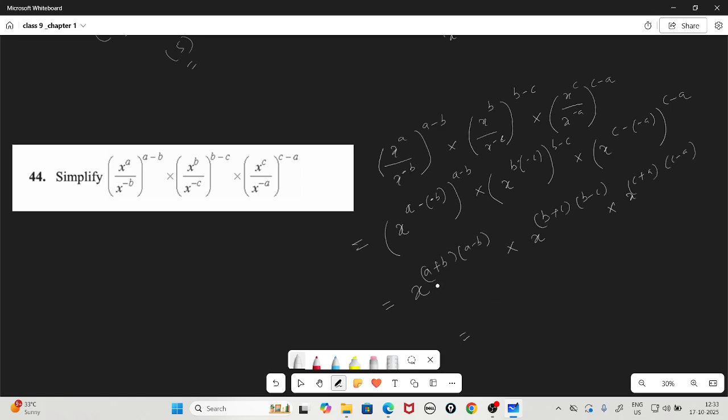Look how simple it is now. a plus b, a minus b, b plus c, b minus c, c plus a, c minus a. So it turns out that again it is multiplication, so we have to add the powers.